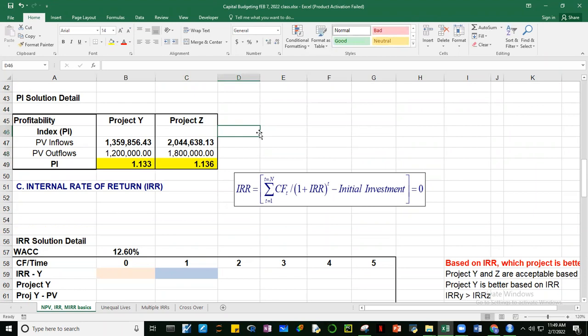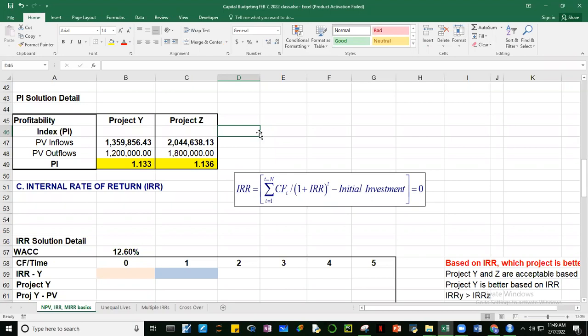Okay. All right. So based on the profitability index, turns out that project Z is better, kasi sa bawat piso ng investment, guys, project Z is generating 1.136 present value of cash inflows. Project Y only generates 1.133.